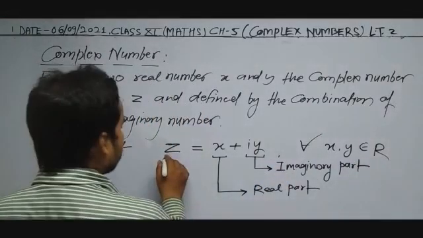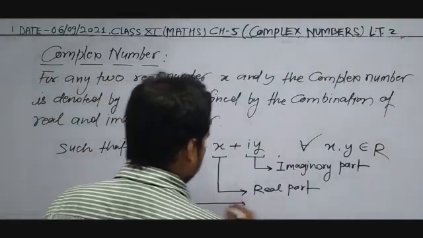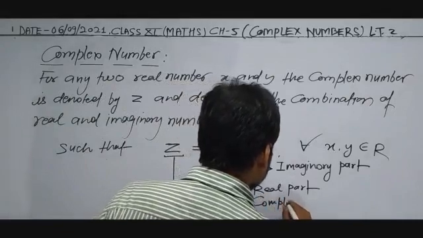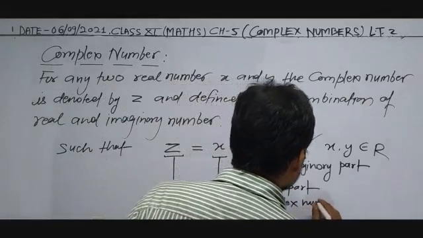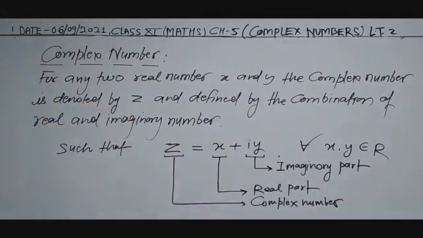And this z is known as complex number, and you know, i is the iota power.